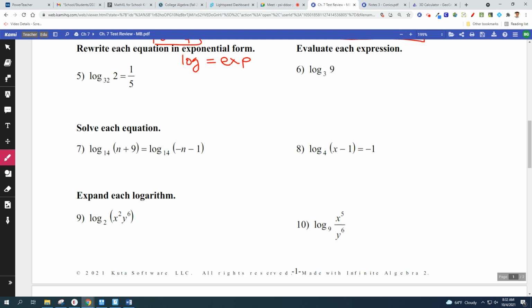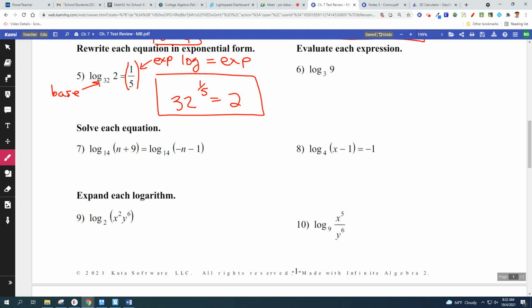So a log is an exponent. So that means this thing right here is the exponent. We're rewriting this in exponential form. That is the exponent. That is the base. So we've got a base 32 with an exponent 1/5 equal to that other number. That's exponential form.